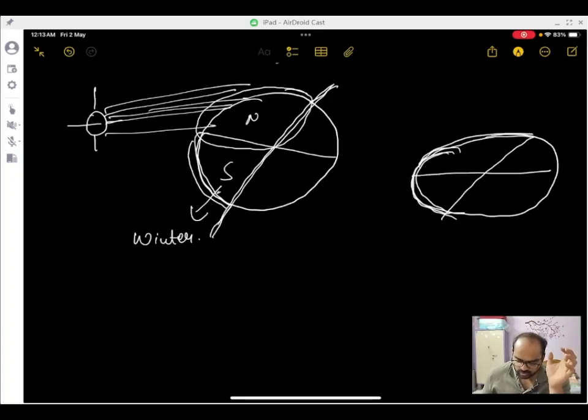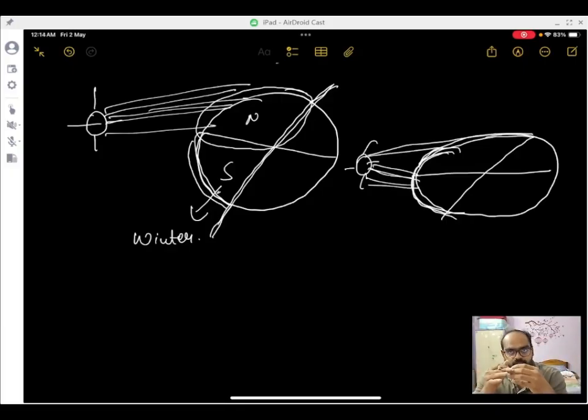That means the sun's rays do not fall vertically on the northern hemisphere. They cover much less area of the northern hemisphere, and the northern hemisphere experiences winter, and the southern hemisphere experiences summer.